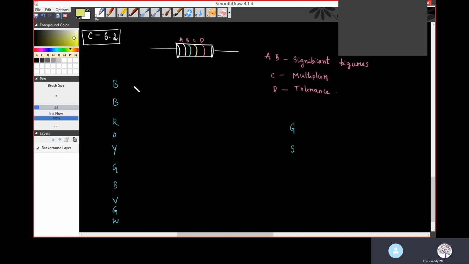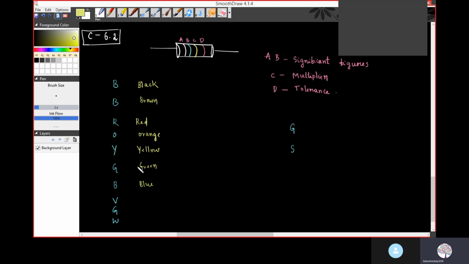The first B is black, then brown. Then R for red, O orange, Y yellow, G green, B blue.